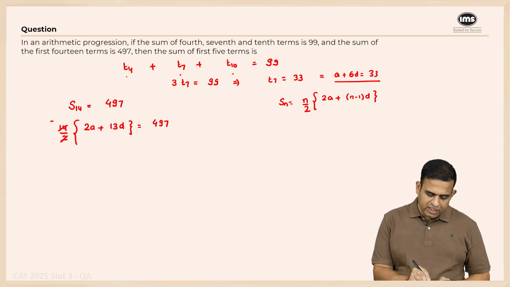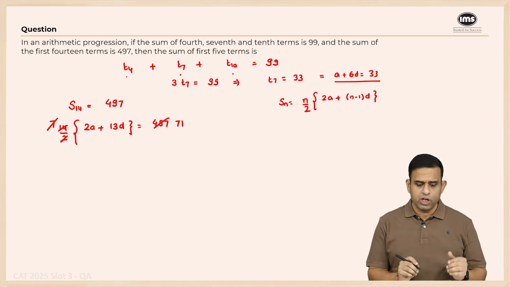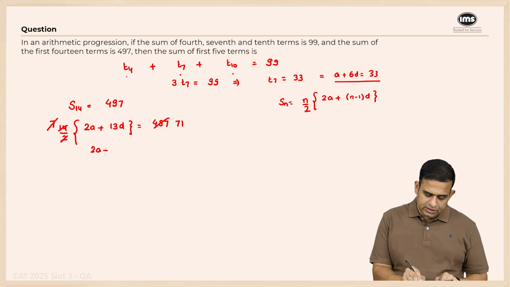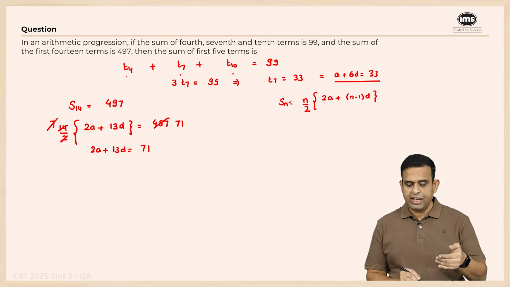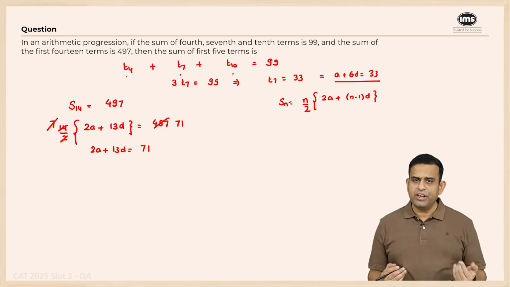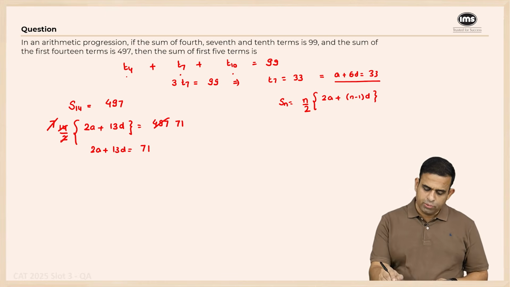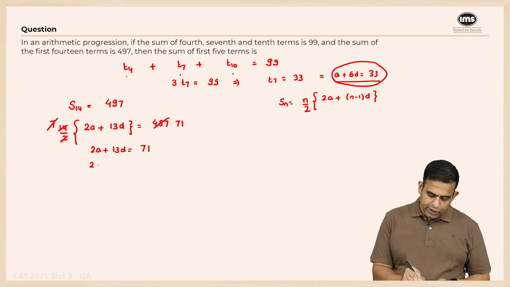So 2 times 7 is 14, and 7 times 71 will give you 497. So we got one more equation, which is 2A plus 13D equals 71. We also have the equation A plus 6D is 33. So now I can simply find the values of A and D from these. If I double the equation A plus 6D as 33, I get 2A plus 12D as 66.